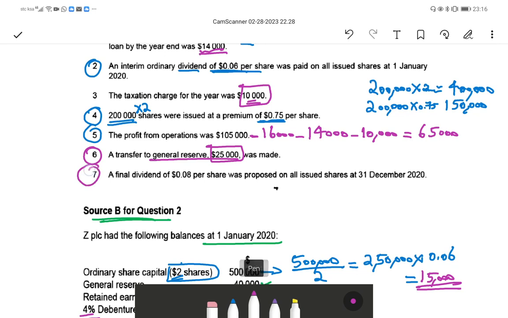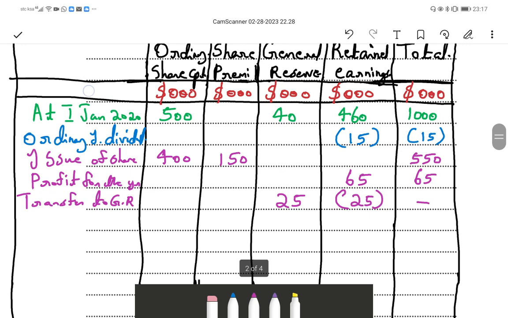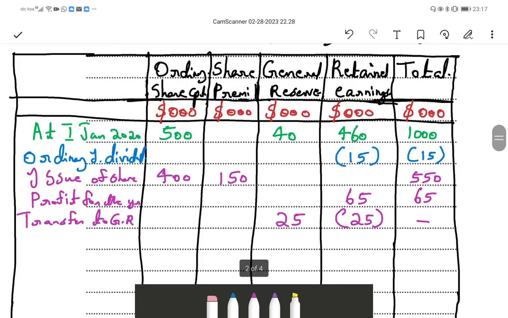Next, the 7th one. A final dividend of 0.08 per share was proposed on all issued shares at 2020. This is the proposed dividend, so it will not give any changes in the statement of changes in equity. We will not take it. Now we have to calculate the total, and that is our closing capital.